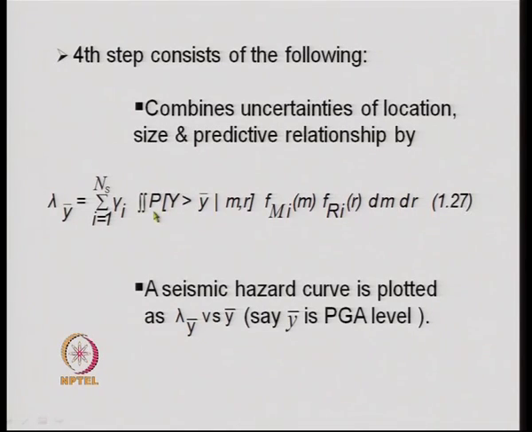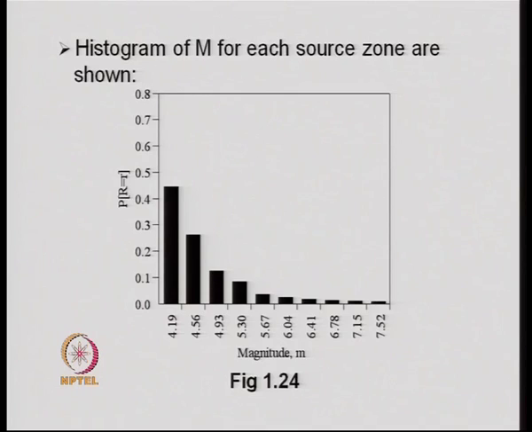So, we will be summing up the product of these quantities, that is the probability of exceedance of a certain level of peak ground acceleration conditioned upon a given set of values of M and R, and then multiply it by the probability of occurrence of this particular M and the probability of occurrence of this particular R. So, these quantities are multiplied and then we sum up for all the events.